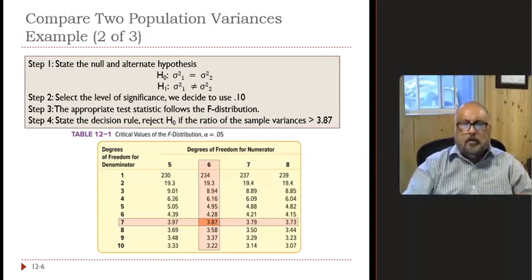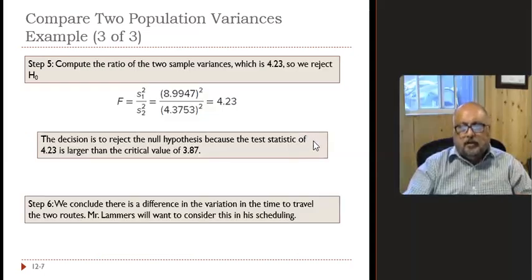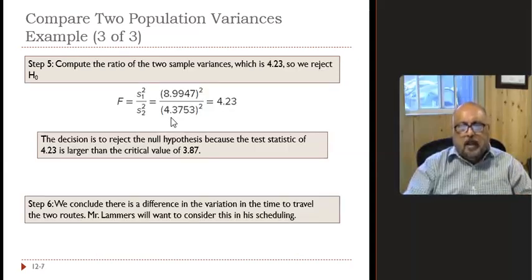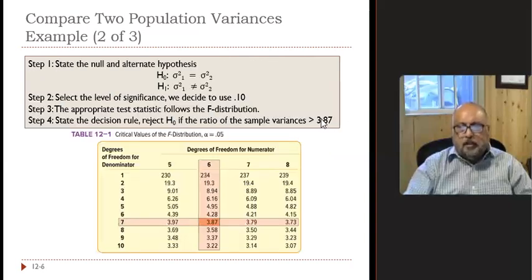All right, so let's see what we get here. Step number 5. So we are here actually. Now we need to find our F statistic. We know the number to compare against, but we need to know what our F statistic is.